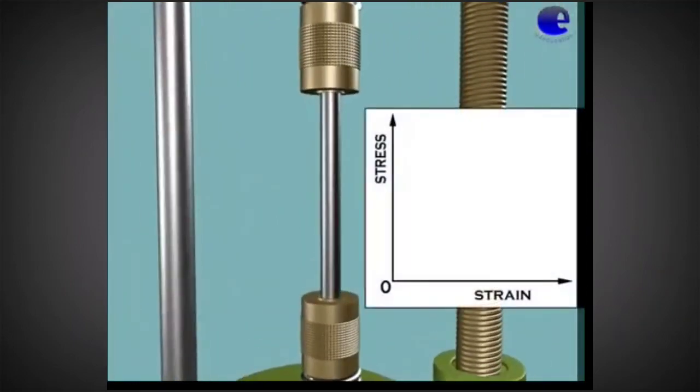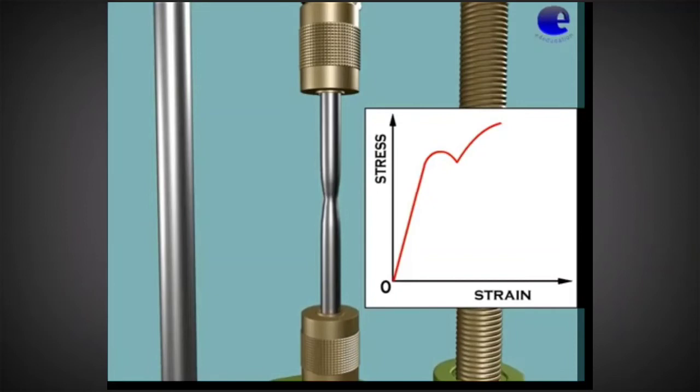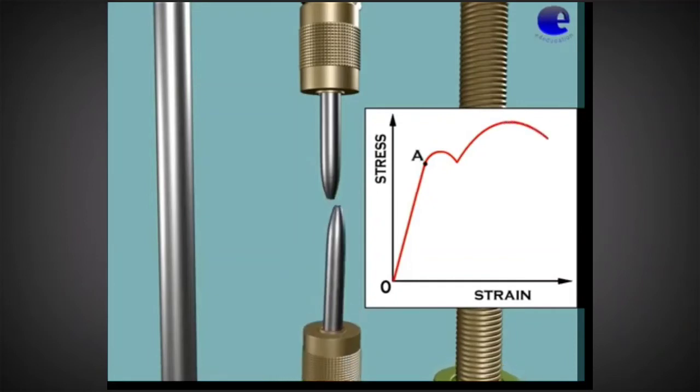The salient features of the stress-strain curve are elastic limit, that is A; upper yield point, that is B; lower yield point, that is C; strain hardening point, that is D; and breaking point, that is E.